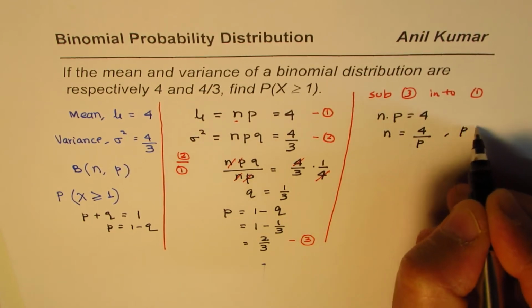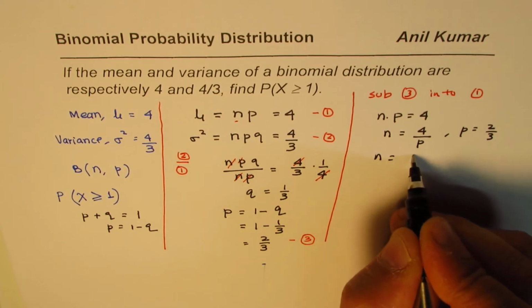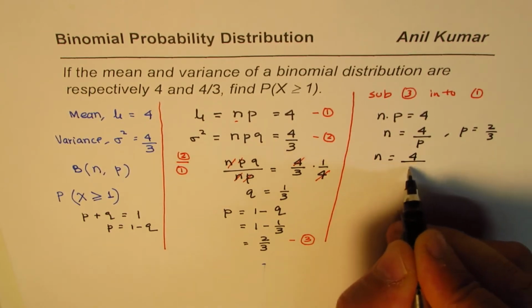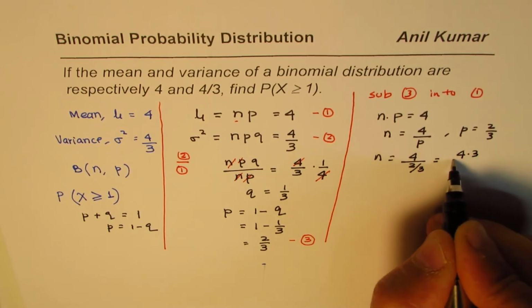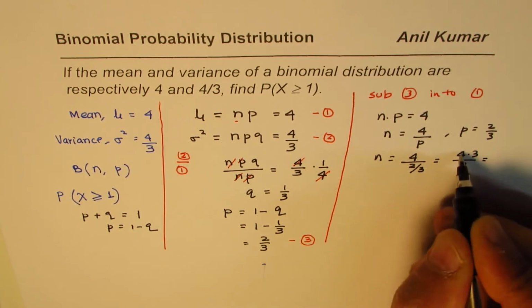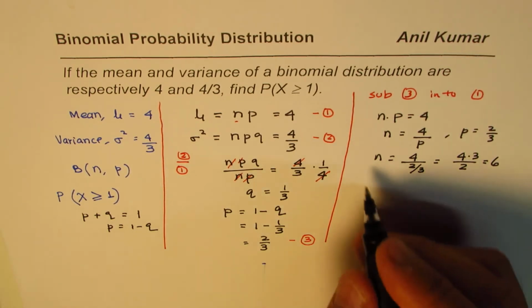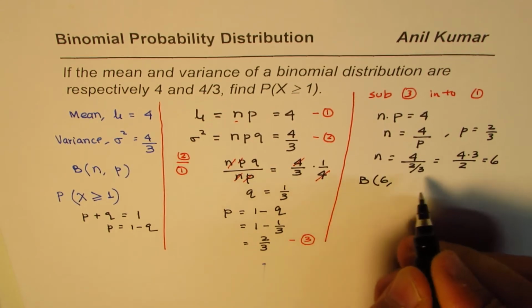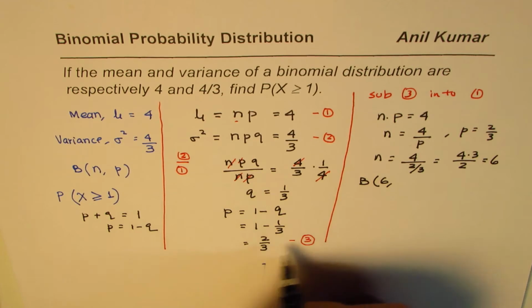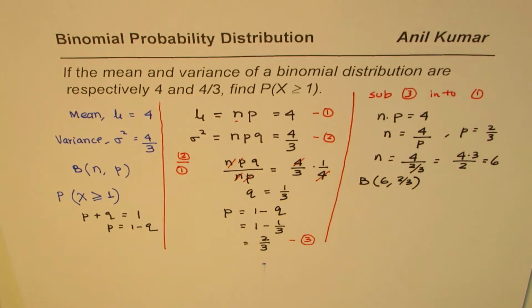Since p is 2 over 3, n is equal to 4 divided by 2 over 3, which is 4 times 3 divided by 2, that is 6. So the number of trials in this case will be 6. The binomial distribution can be defined as 6 Bernoulli trials with a success probability of 2 over 3 in each.